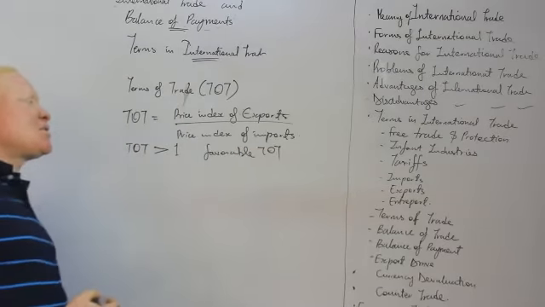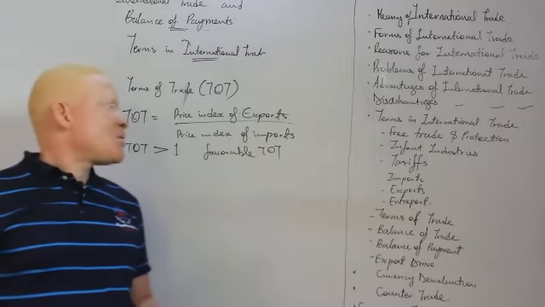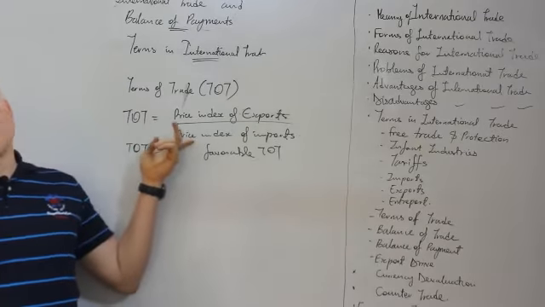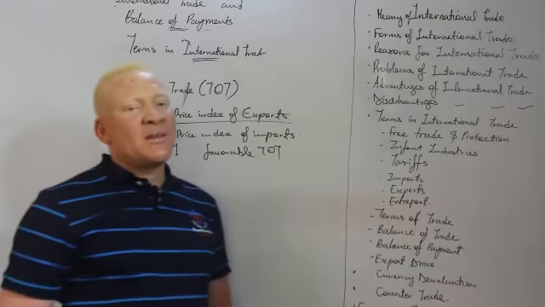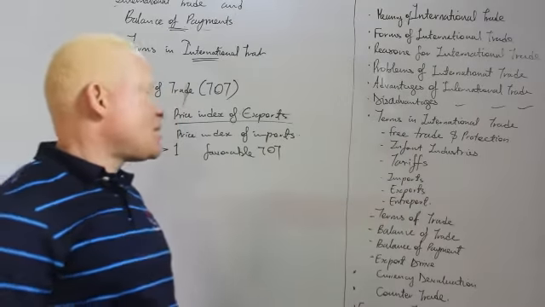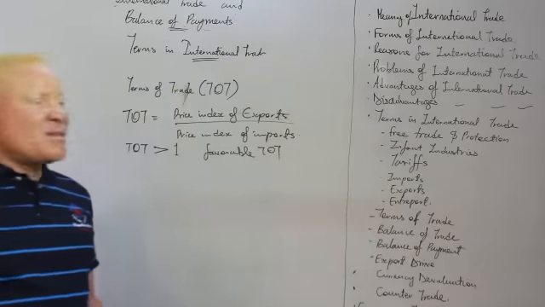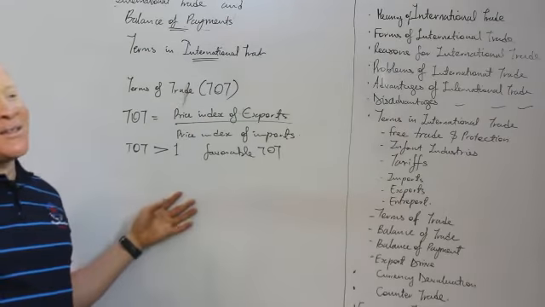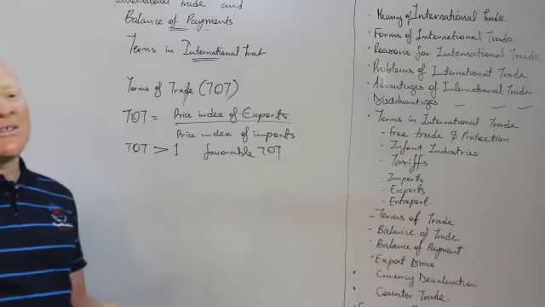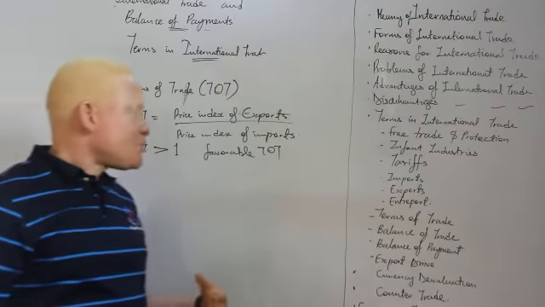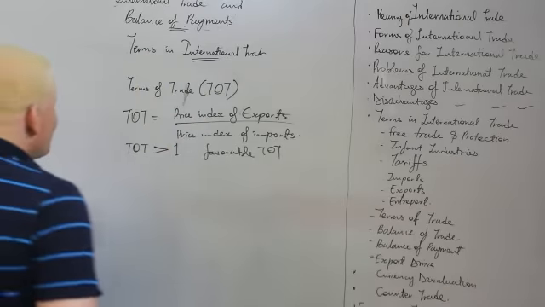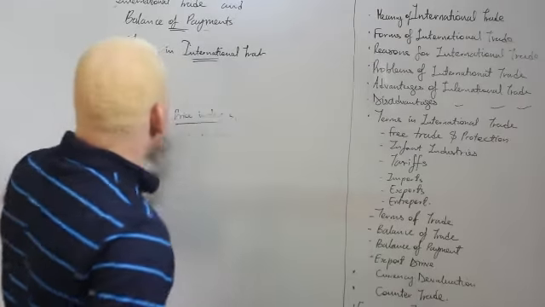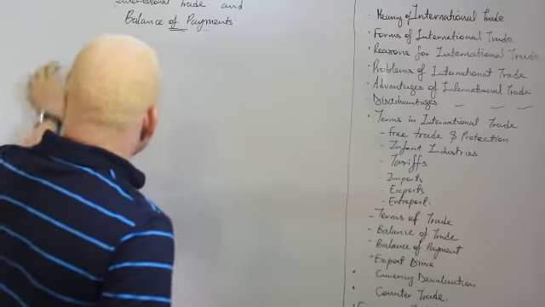But the reverse becomes the case when we have less than 1, because anytime we import, we are spending, but anytime we export, we are gaining. So it helps to show the condition or the nature of the country's international trade status. Now, from there, we move down to balance of trade and balance of payment.